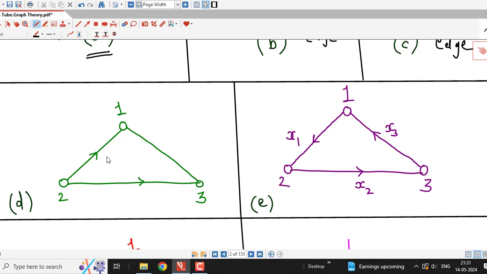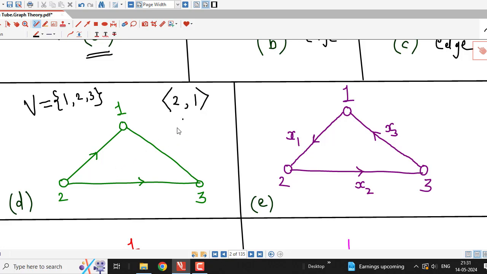Similarly, I have written these three graphs. Here we have three vertices. So the set of vertices V contains three objects denoted by 1, 2 and 3, and we can see that between 1 and 2 there is an edge from 2 to 1, which we denote by the ordered pair (2, 1).